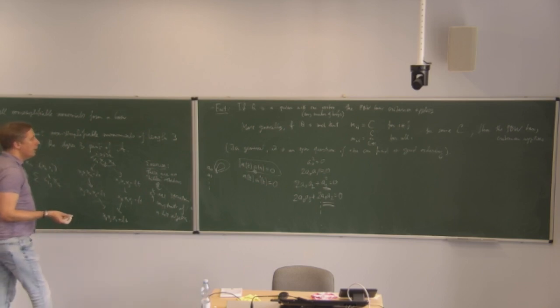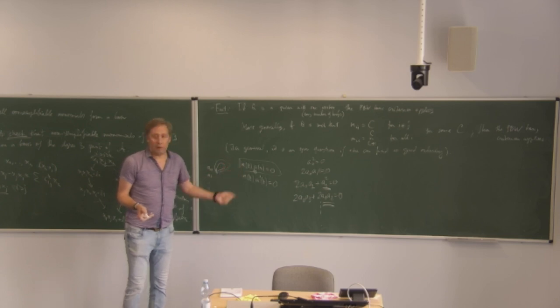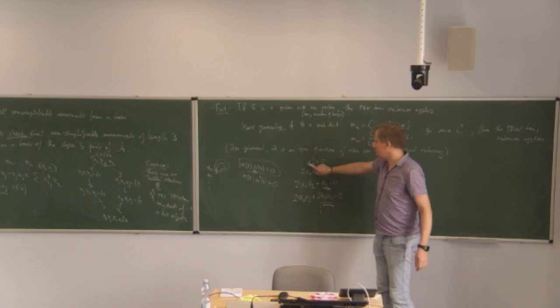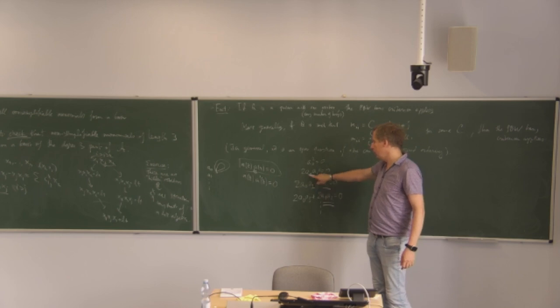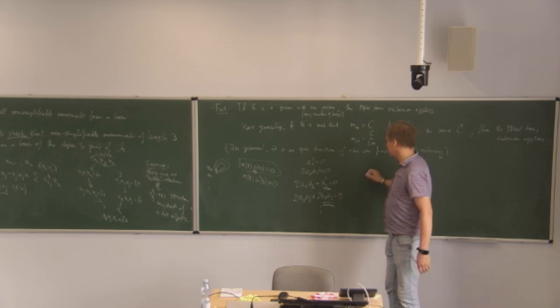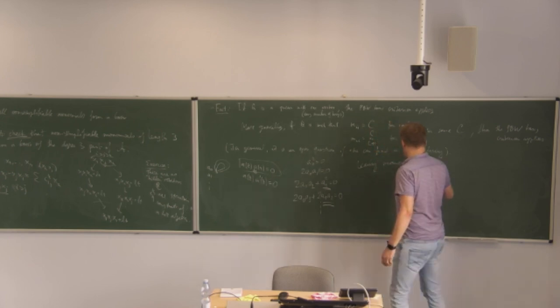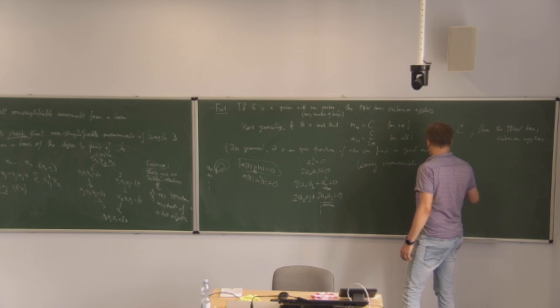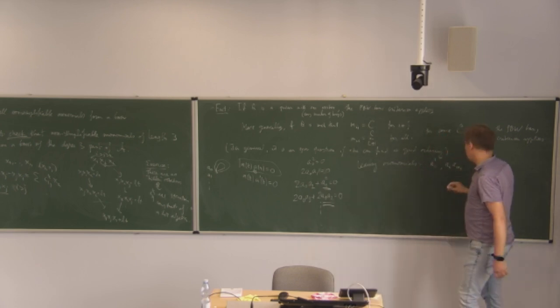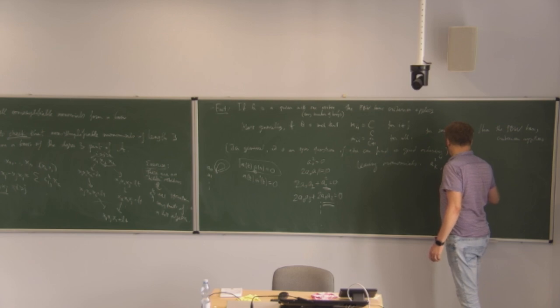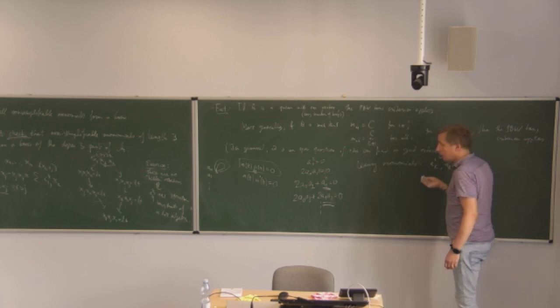So what are the non-simplifiable monomials? Here there is just one term, whose leading term is A_0 squared, here A_0 A_1, here A_1 squared, A_1 A_2, so the leading monomials are A_i squared and A_i A_{i+1}. I keep using i for the vertices of the quiver, so let me write A_k A_{k+1}.